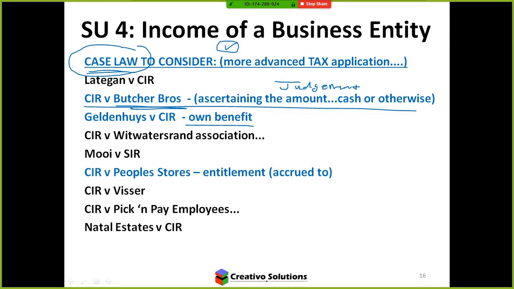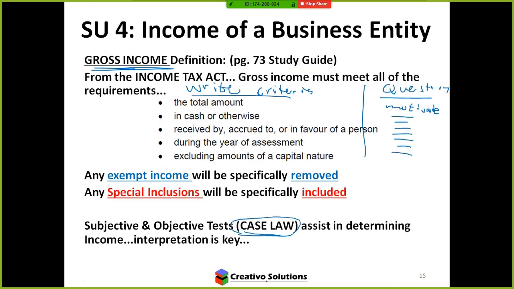Okay, and you need to know what it pertains to. So from the CIR versus Butcher Bros case, the judgment was relating to the ascertaining of the amount, cash or otherwise. So this was the whole note in terms of accounting. Think about accrual versus cash.